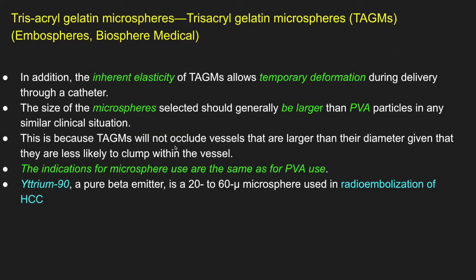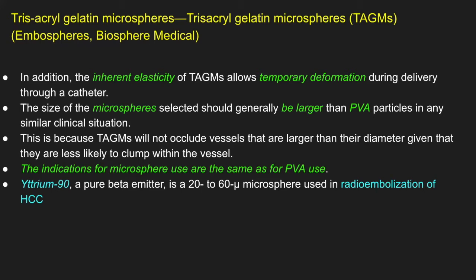In addition, they have inherent elasticity, which allows temporary deformation during delivery through a catheter to avoid non-target embolization. The size of microsphere selected should actually be larger than the PVA particle in any situation, because these are elastic, like I said before.